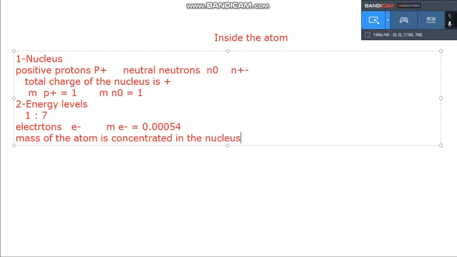Let us say that the mass of protons and neutrons is very large compared to the mass of electrons. The answer for this question: because the mass of protons and neutrons is very large compared to the mass of electrons.